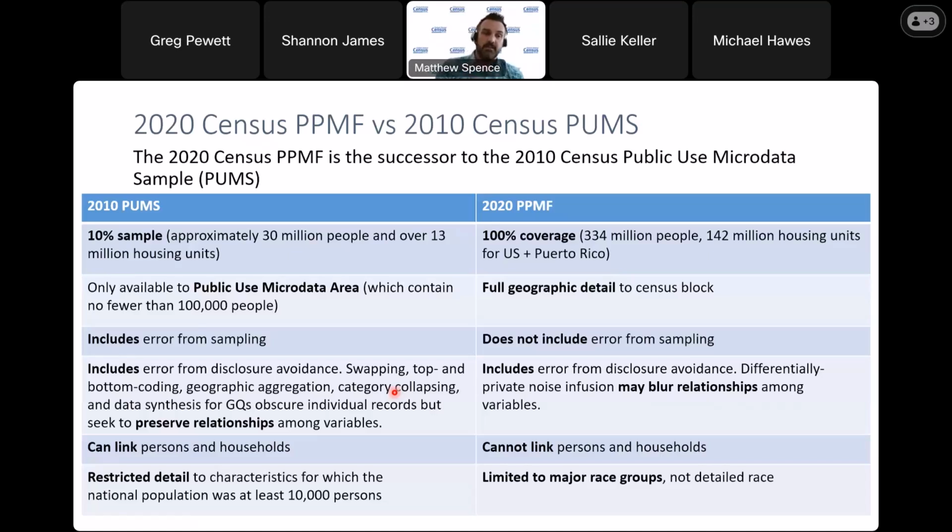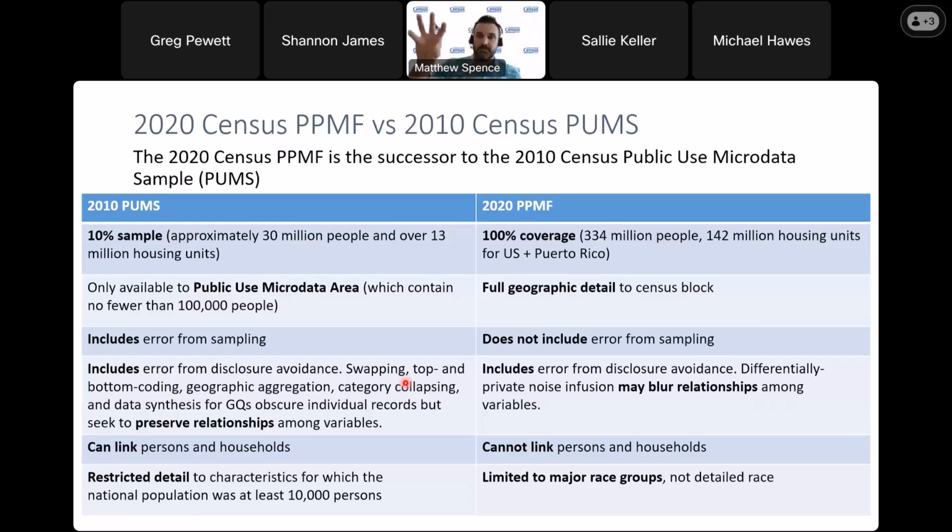The left one included things like swapping, top and bottom coding, and geographic aggregation, such as having it only available to the public use microdata area, and category collapsing, so we did not, for example, allow the full amount of detail, and data synthesis for group quarters populations. Those obscure individual records, but one thing that's very important is that in the 2010 PUMS, those sought to preserve relationships among variables.